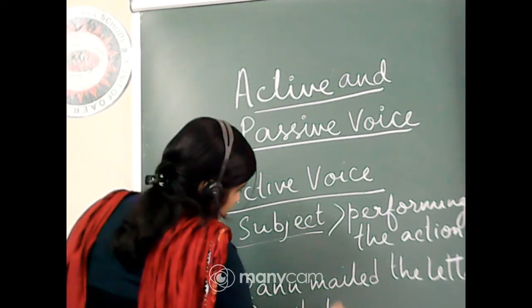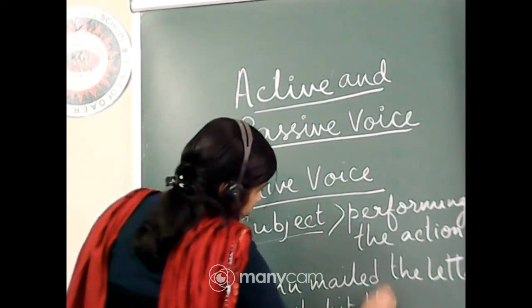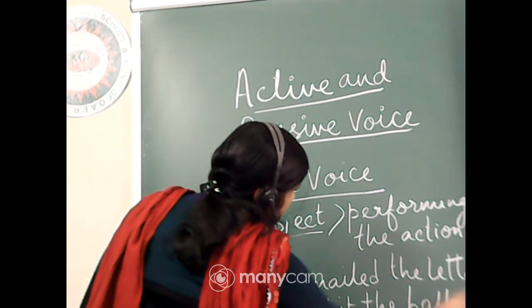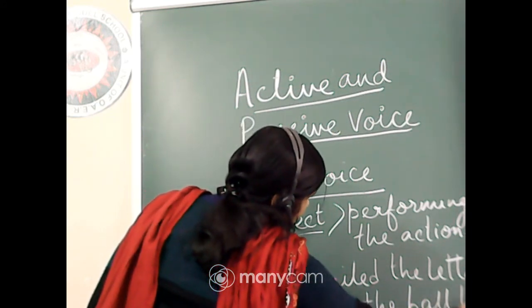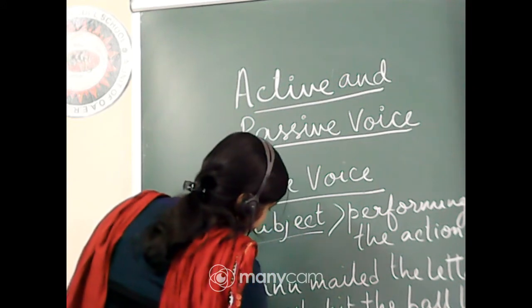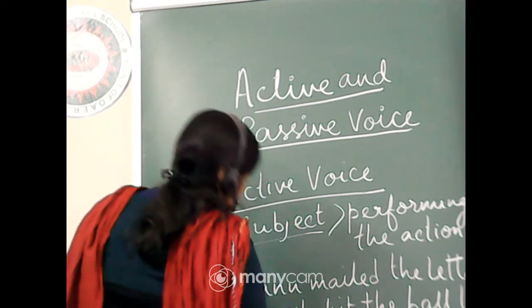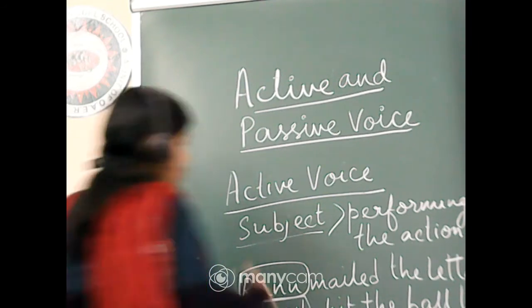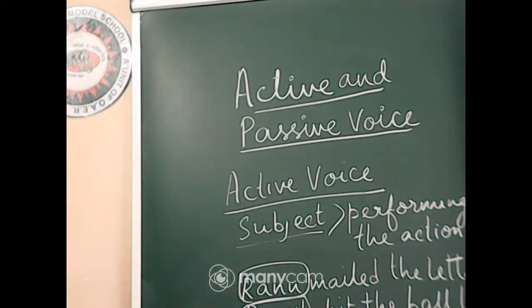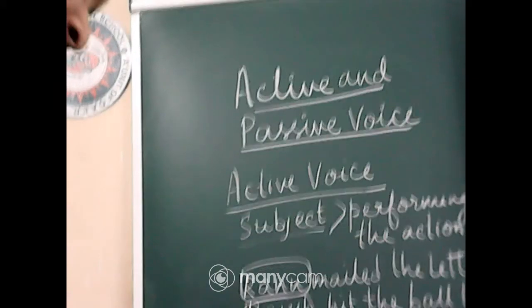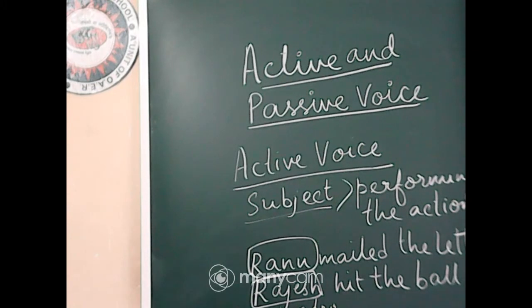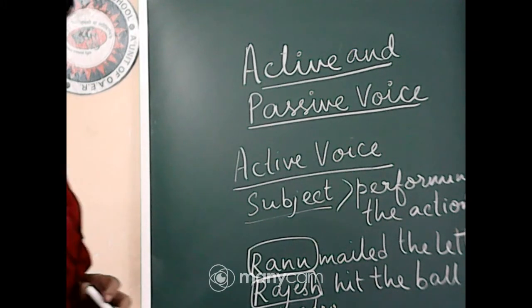Rajesh hit the ball like a pro. In both these sentences the subjects Ranu and Rajesh are the ones who are doing the action of the sentence. They are the ones who are performing the action, and so these kinds of sentences are said to be in the active voice.